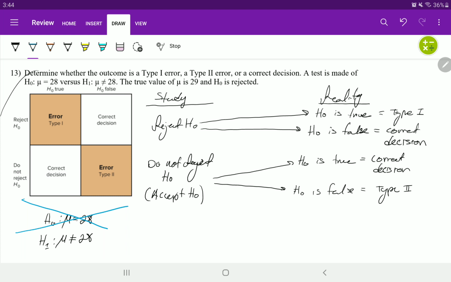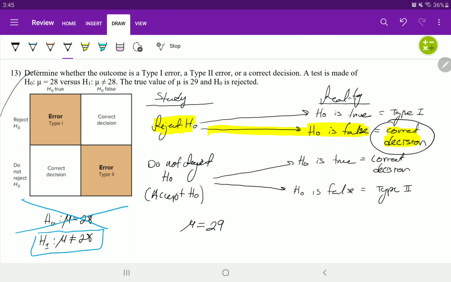That means I am taking the alternative. And mu is in fact equal to 29. In this case, that will be a correct decision. Once again, I rejected the null, and in reality, the null is false. Because the null is false, that is a correct decision.